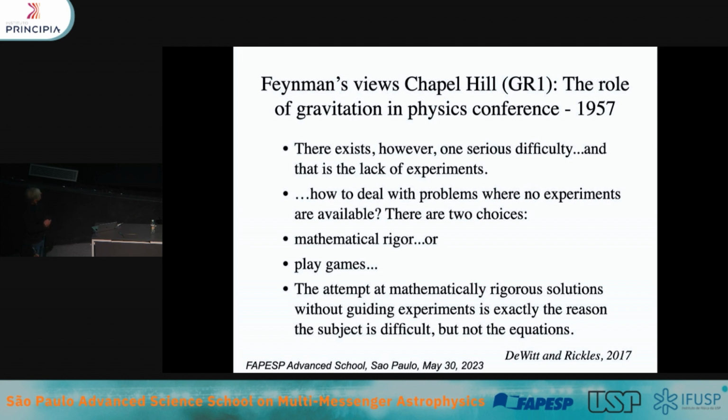So Richard Feynman attended the conference, and he said that the biggest problem of the area, he was talking in general about general relativity, is that there were no experiments, which was true. By the way, in the previous conference, there was only one presentation about experimental research in general relativity.